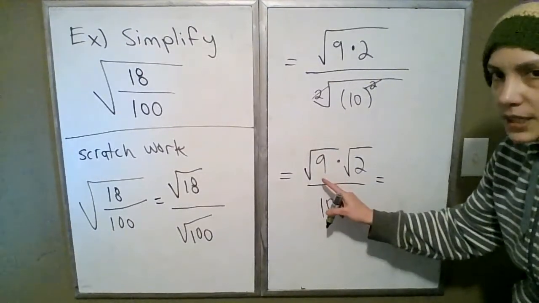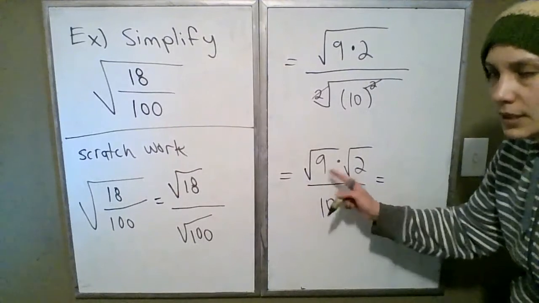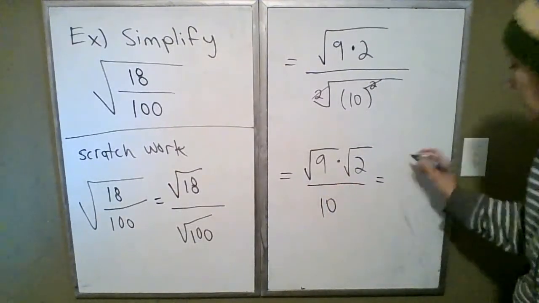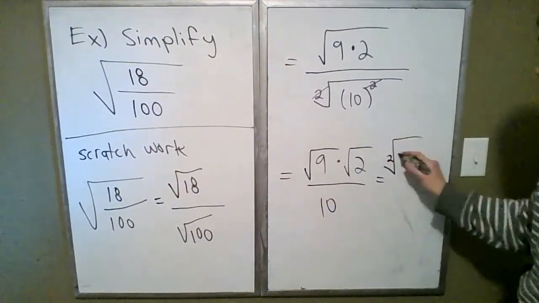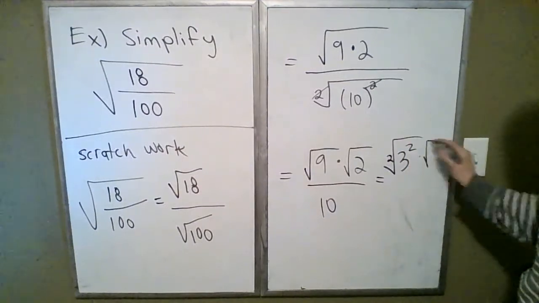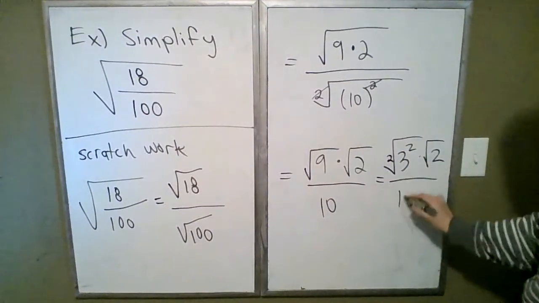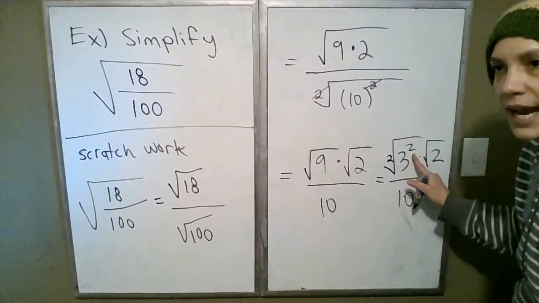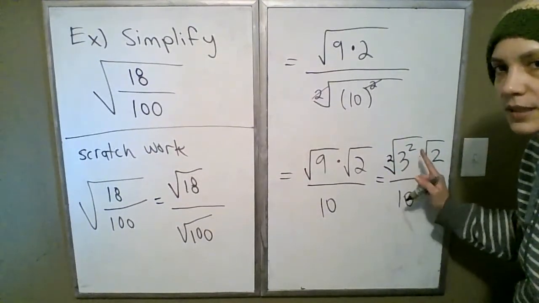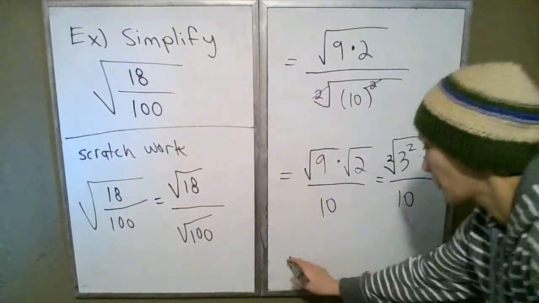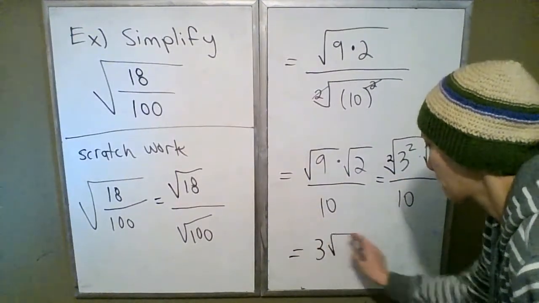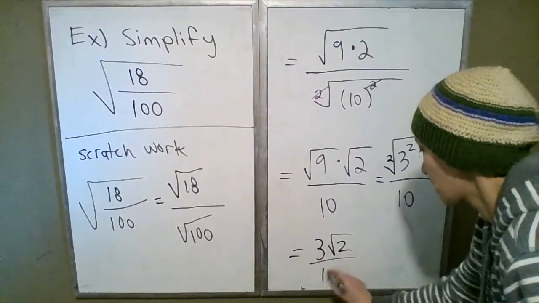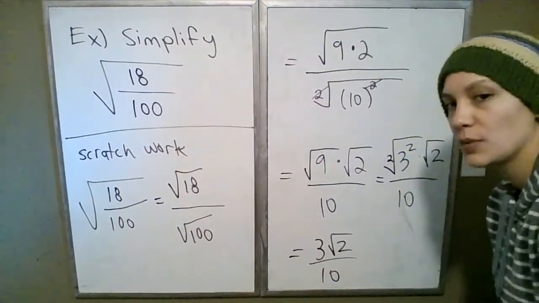Root 9 is 3, or this is the square root of 3 squared. So again, when your power and root are the same, this will reduce to 3. Got 3 root 2 over 10.